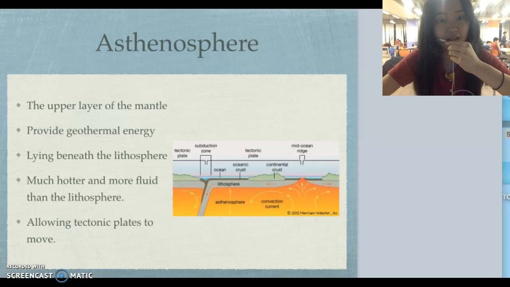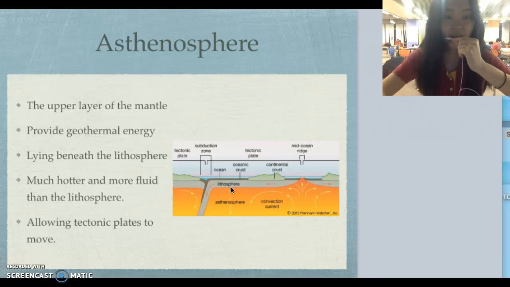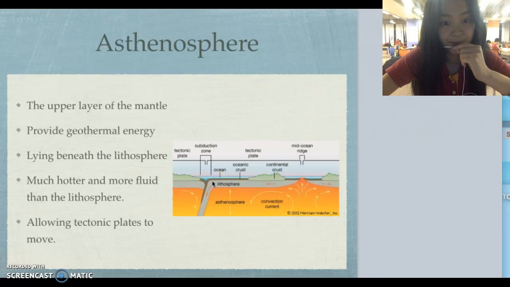So the next one is asthenosphere. This is the upper layer of the mantle, the part that provides geothermal heat energy to the Earth, and it lies beneath the lithosphere. We can see it on the picture, right?